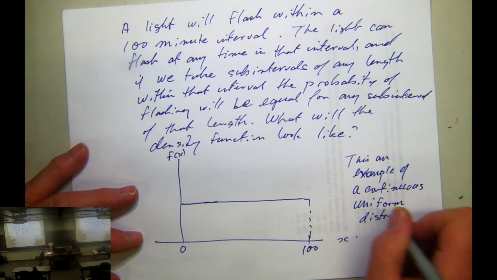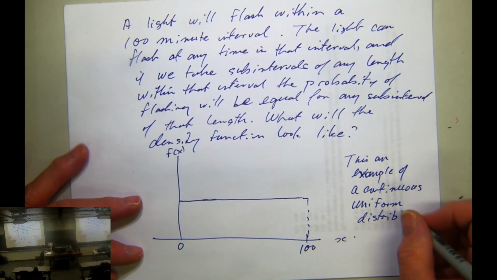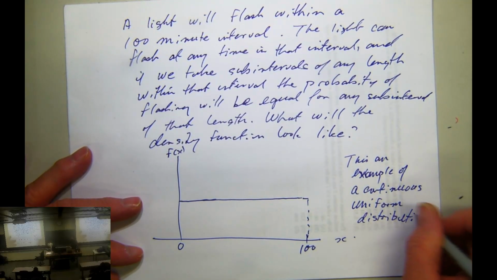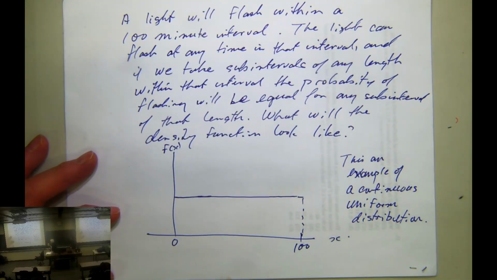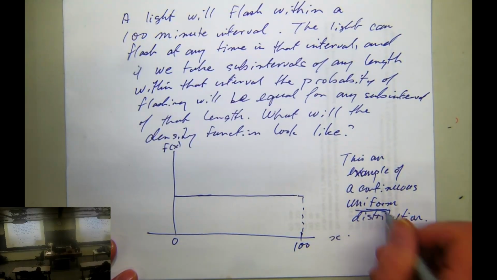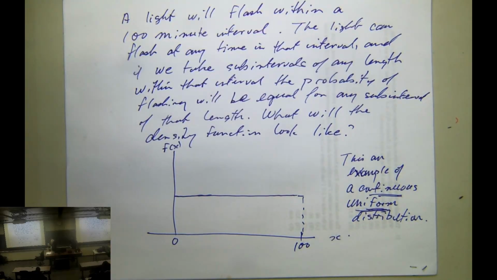The random variable is a continuous uniform random variable, and we've drawn the distribution for that random variable, so we'll call it the continuous uniform distribution. It's continuous and it's uniform. Okay, so our first question is, what is f of x?